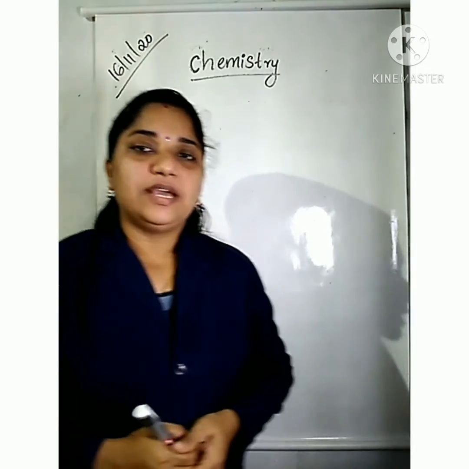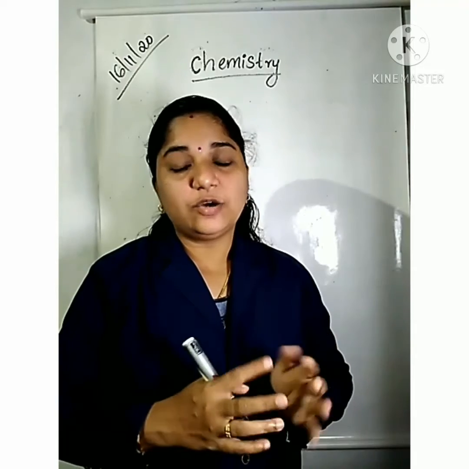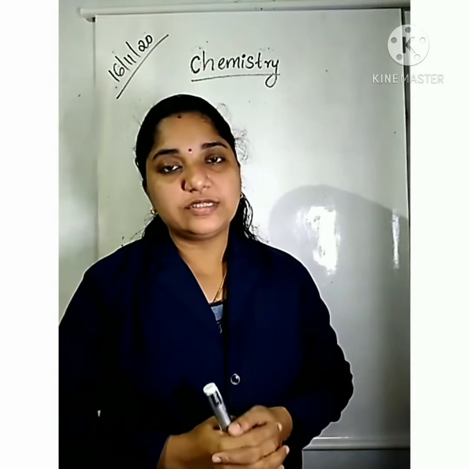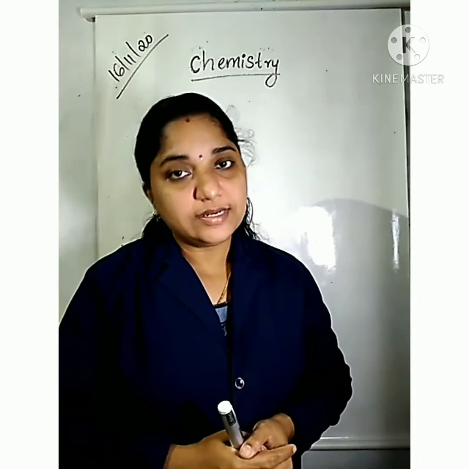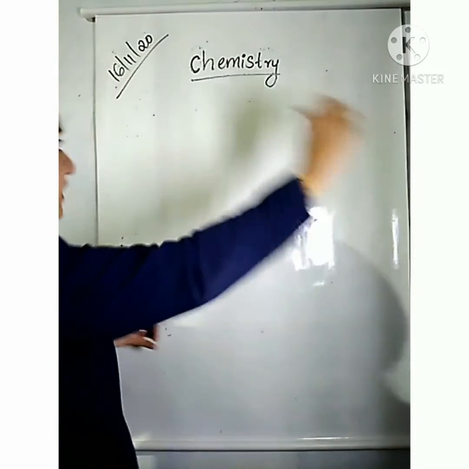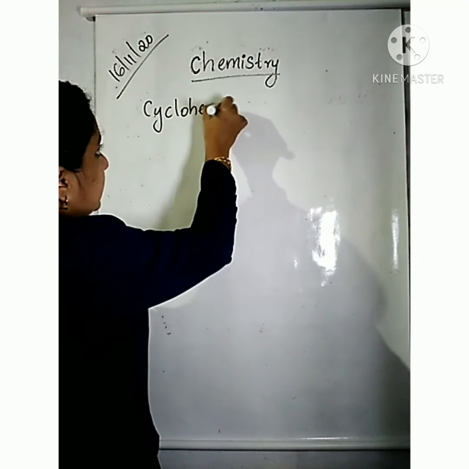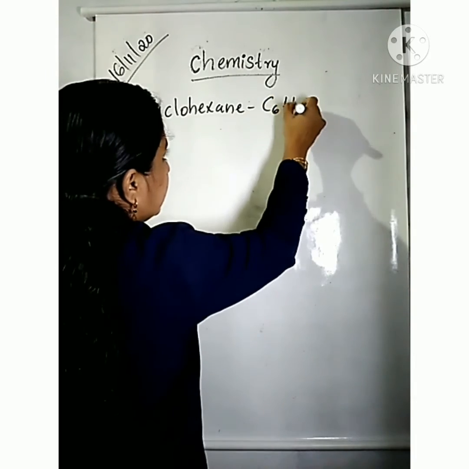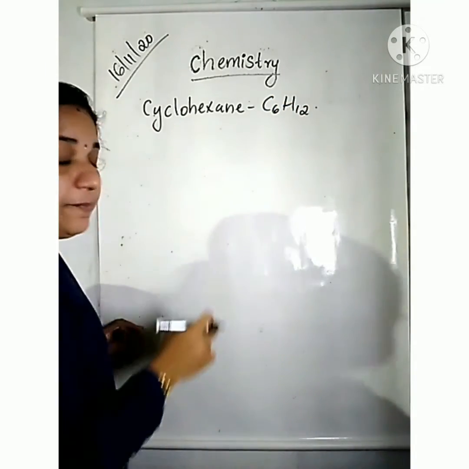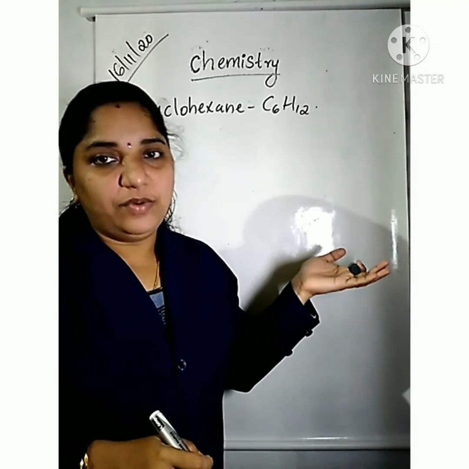That is, carbon forms different cyclic compounds that may be saturated or unsaturated. Cyclohexane, we already learned, is a ring compound. Its formula is C6H12. It is a saturated compound because it contains only single bonds.